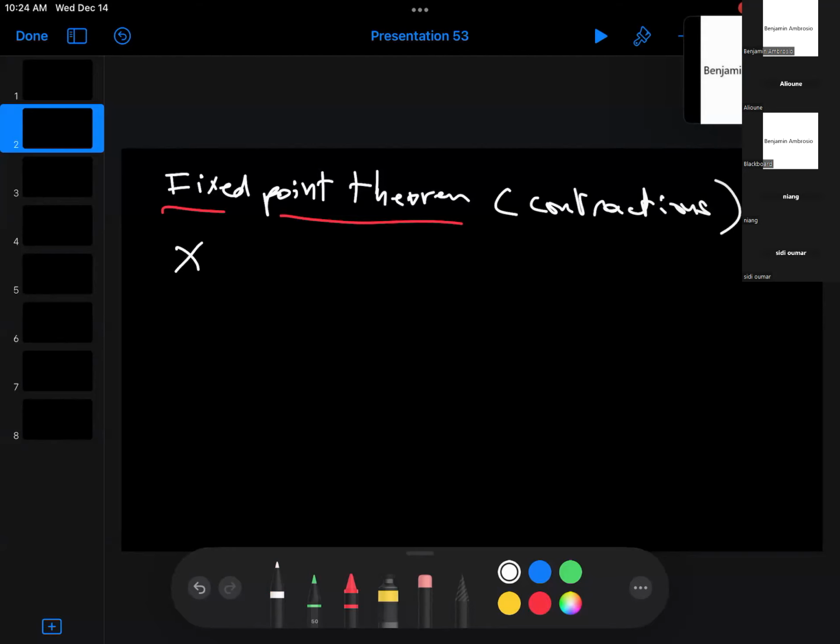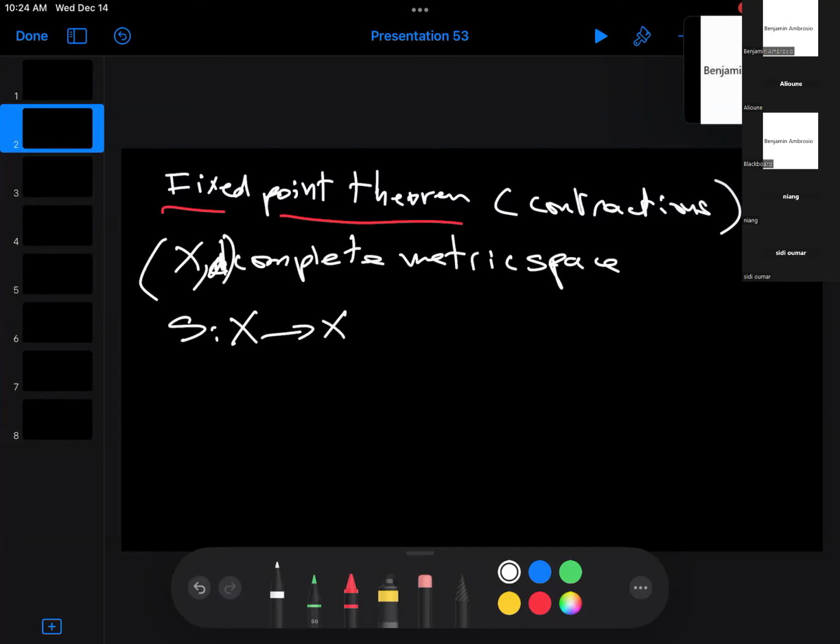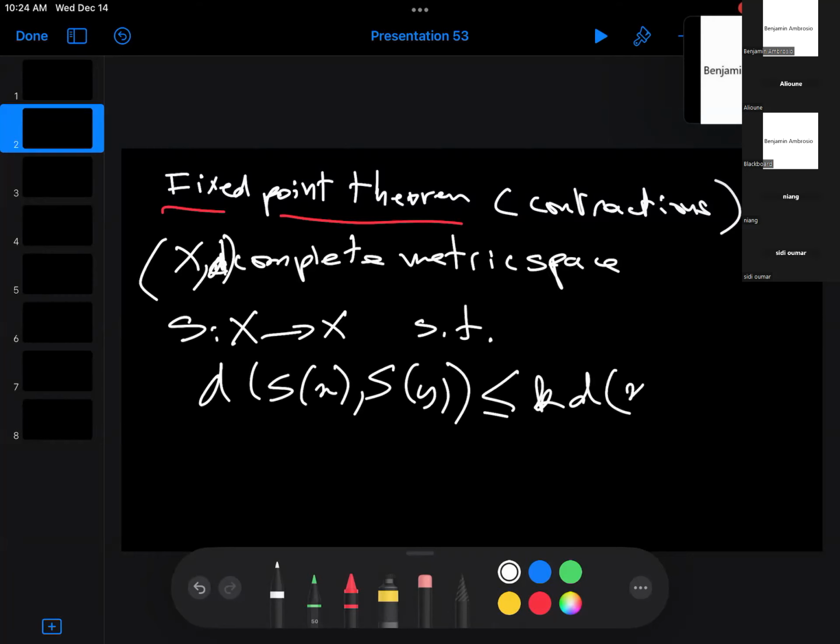Your X is a complete metric space, and you have some map S such that the distance between S of X and S of Y is less than K times the distance between X and Y, with some K less than 1. Okay, those are the assumptions.